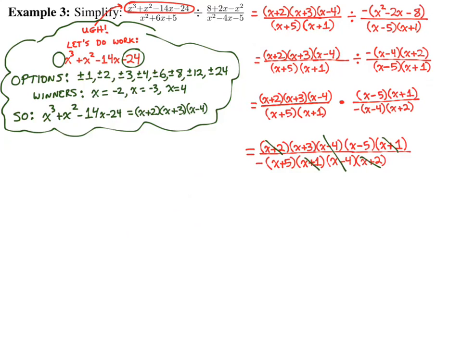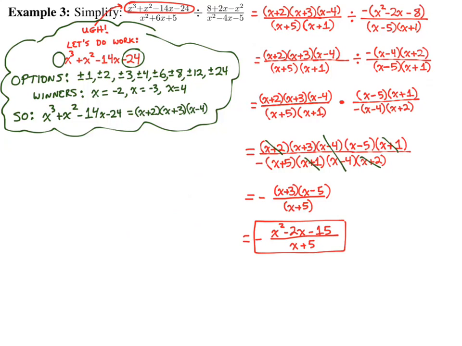That leaves us with up top x plus 3 times x minus 5, and on the bottom x plus 5. If you want to write them as a polynomial again, you can. Although for our purposes, which eventually comes back to that graphing business, keeping it factored is perhaps better.